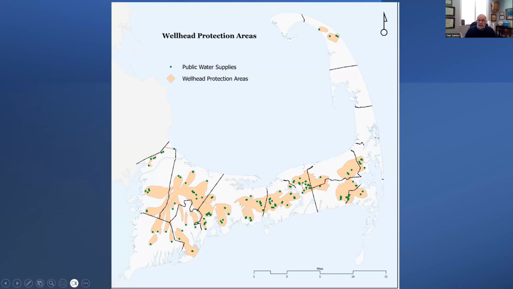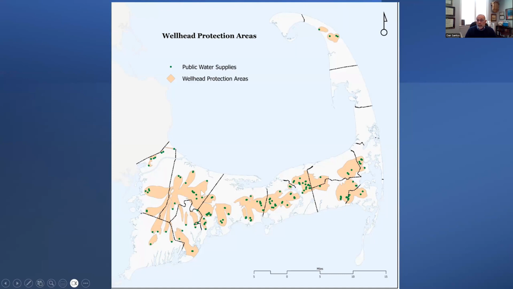And the beige color are the protection areas. So we were able to calculate what area around a well contributes water to that well. And that's what these beige areas are. So these are all the areas of water that go to the well.